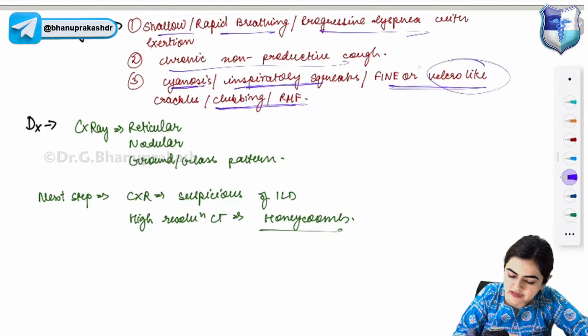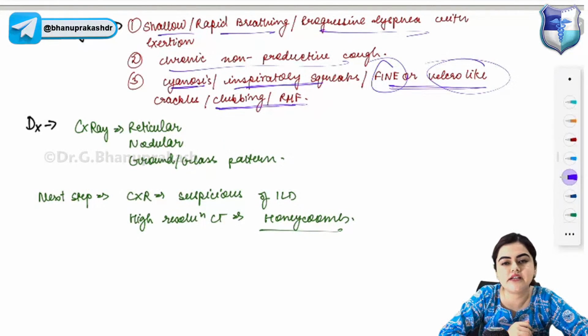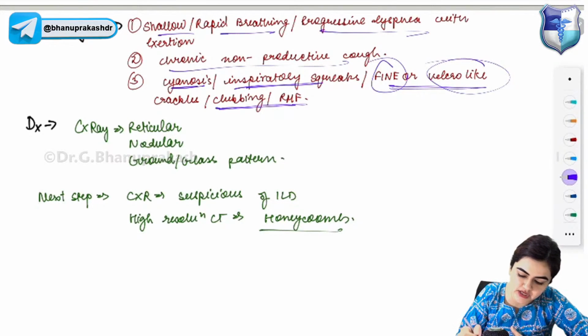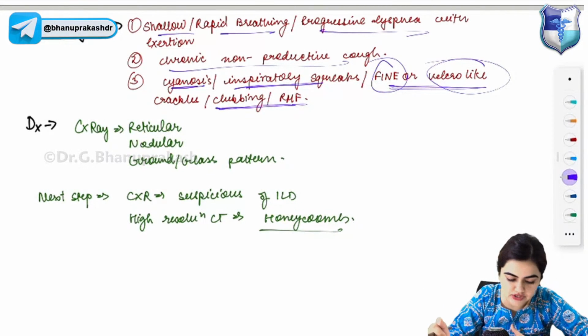Velcro-like crackles, cyanosis, inspiratory squeaks, chronic non-productive cough, shallow rapid breathing and dyspnea on exertion are all features of interstitial lung disease.